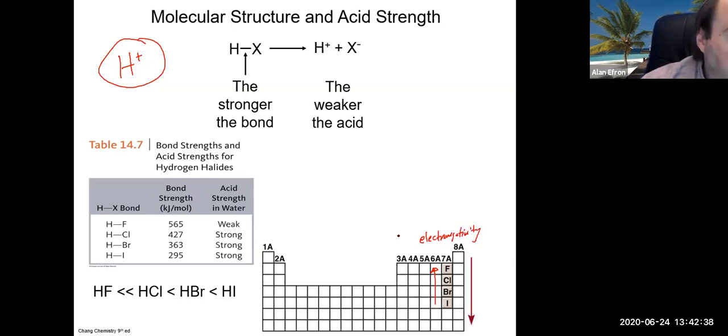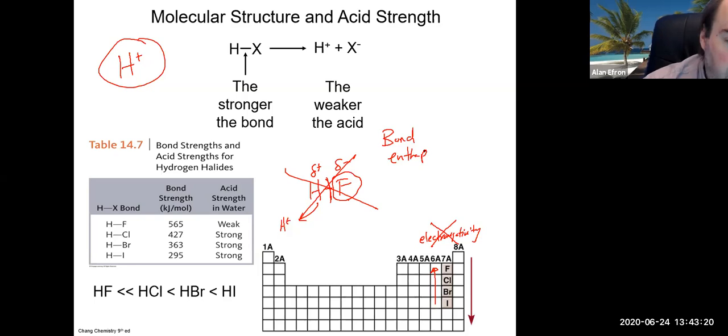For example, in HF, partially positive here, partially negative here, fluorine being the most electronegative, you would think that because of that big separation, that would weaken that bond and allow the H plus to come off a lot easier. But when we look at this type of acid, one that does not contain oxygen, it's actually not electronegativity that's the important thing to look at. It is actually bond strength, or bond enthalpy.